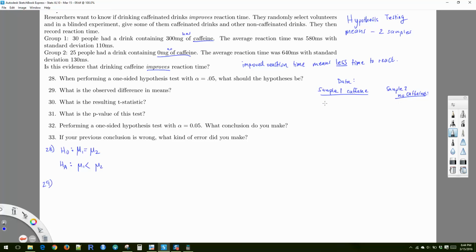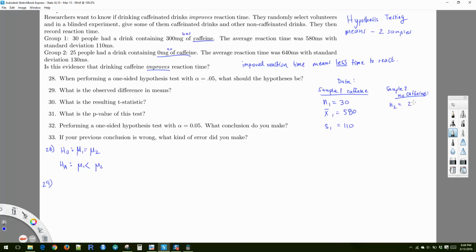All right, so sample 1, we have 30 people. N1 is 30. X bar 1 is 580. And the standard deviation S1 is 110. What's this number 300? Does this do anything? No. It's just in there to indicate whether you have caffeine or no caffeine.